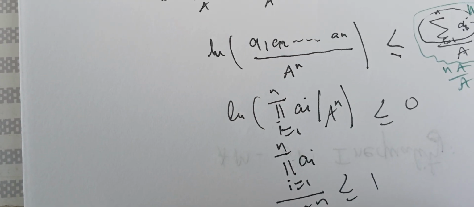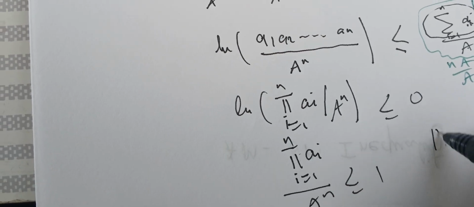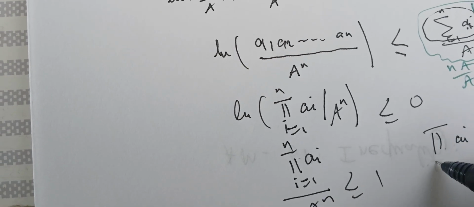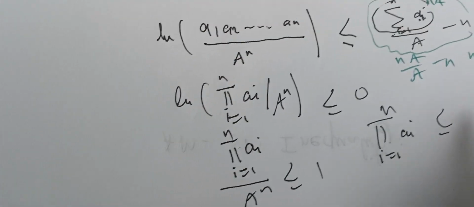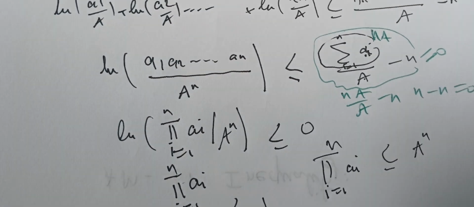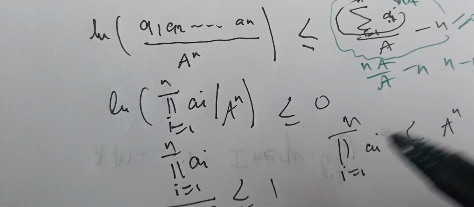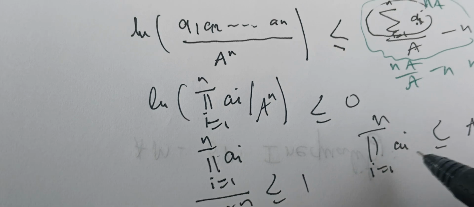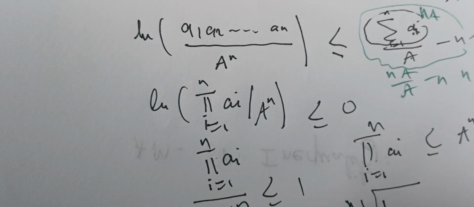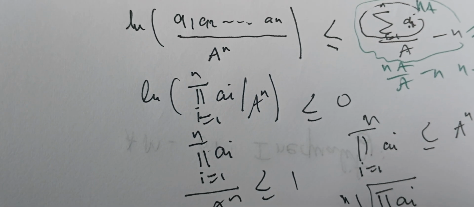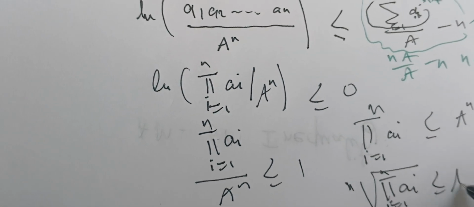And therefore I have the product of i going from 1 to n is less or equal than A to the power n. Now if I take the nth root of both sides, I get the nth root of the product of i going from 1 to n is less than A.